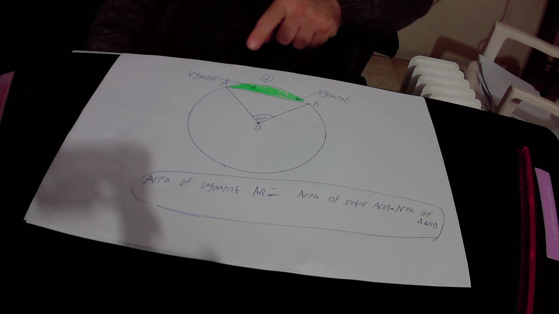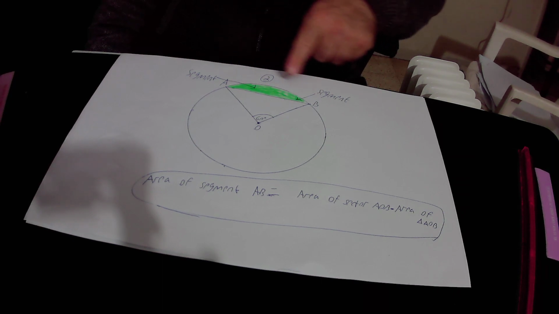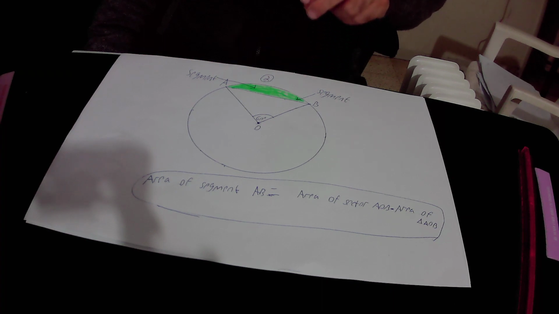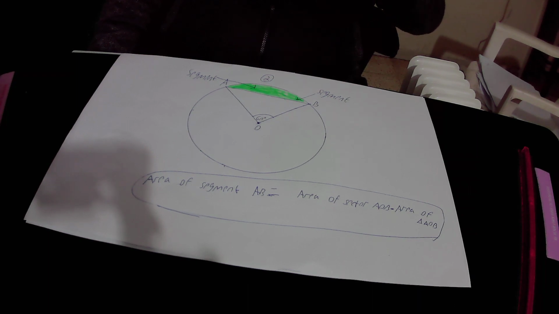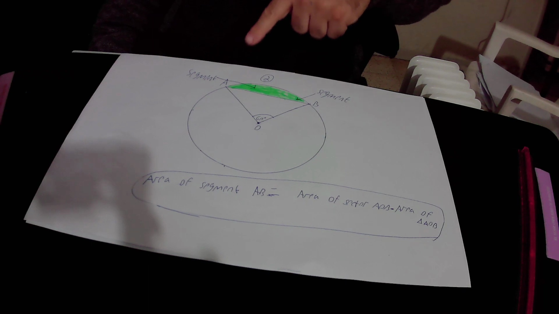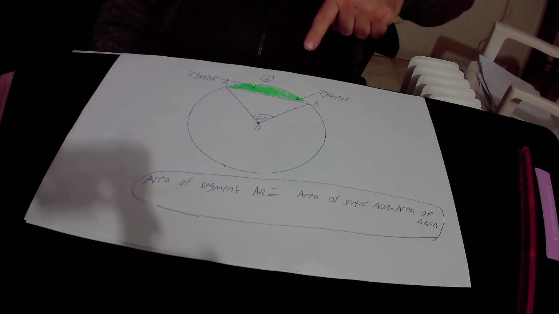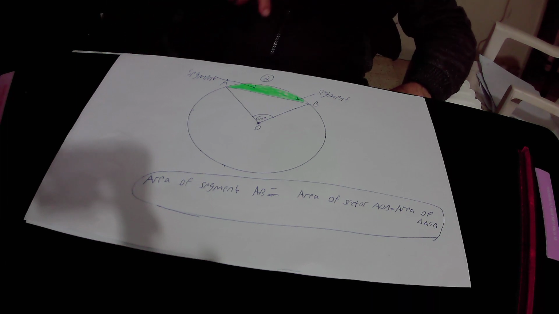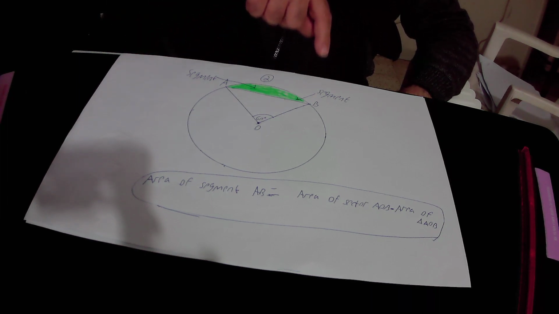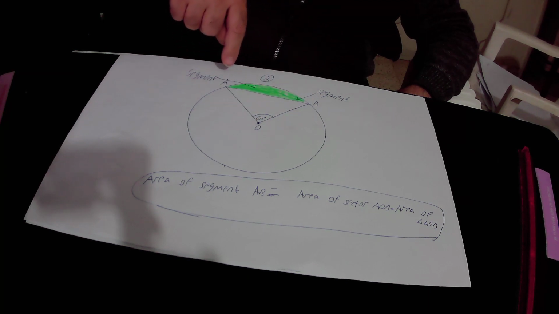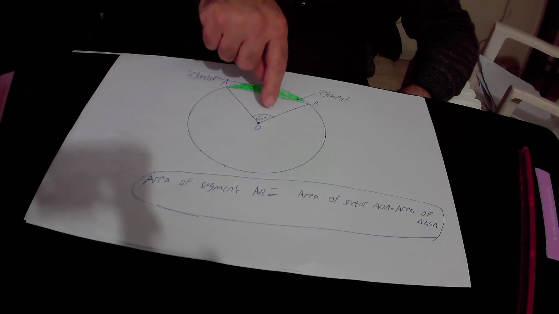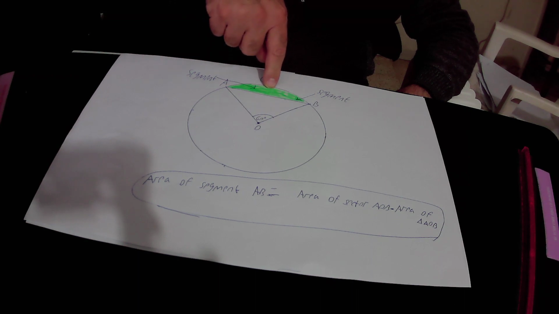Okay, again, the area that is bounded by an arc and the chord that is attached to that arc is defined as a segment that is actually inside a circle, and the area of this segment will be equal to the area of sector AOB minus the area of triangle AOB. You can see it easily that if you subtract from the area of sector AOB the area of triangle AOB, you will get the green shape that is actually segment AB.